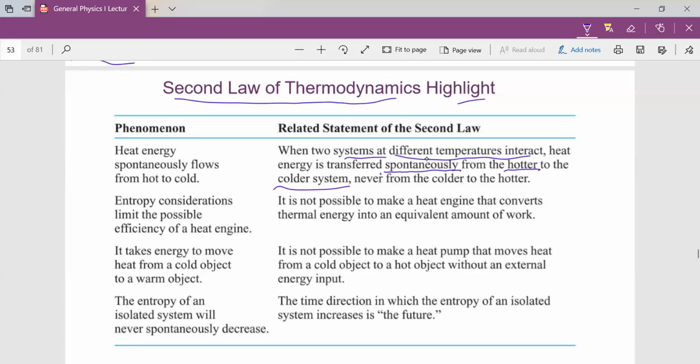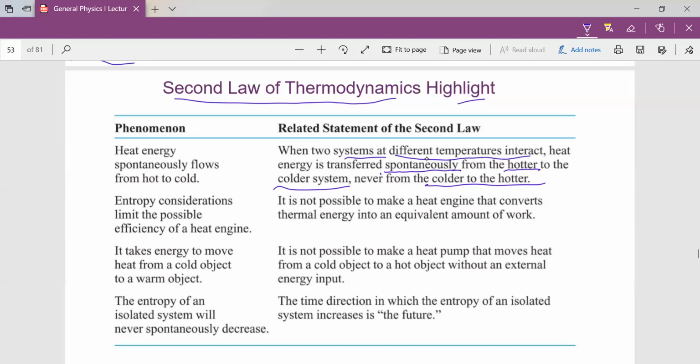The only way to make heat go in reverse is by introducing an external energy, which as we've seen previously is electrical energy, to pump heat from the cold to the hot part, because this is not the natural route. It's like water flowing uphill, doing something that opposes the natural process.